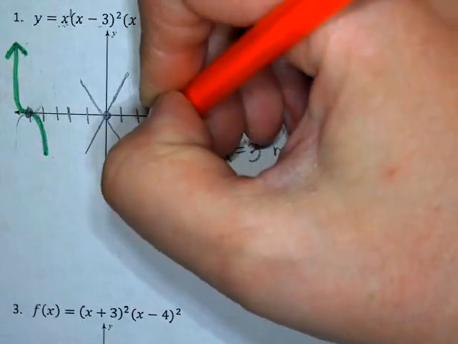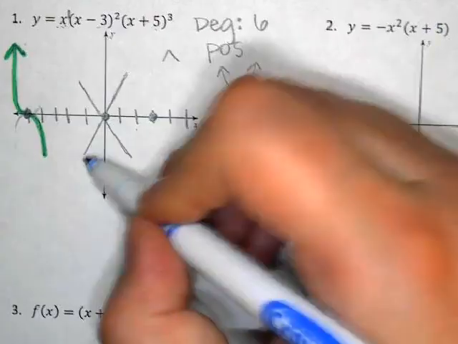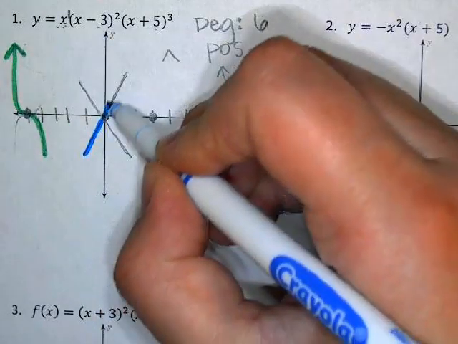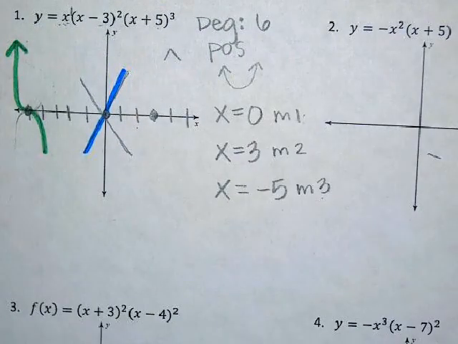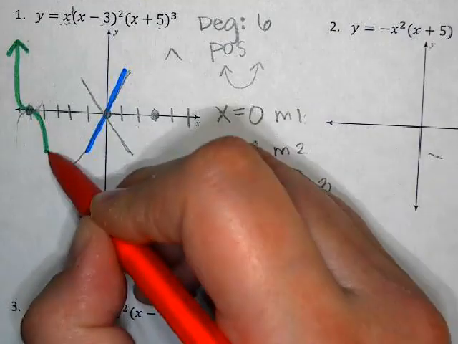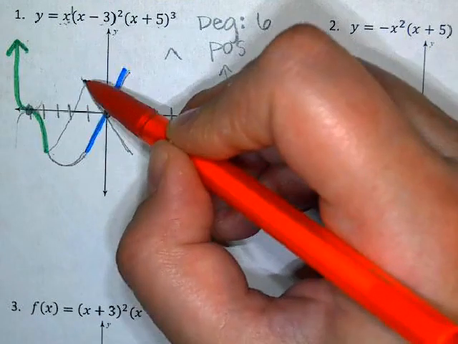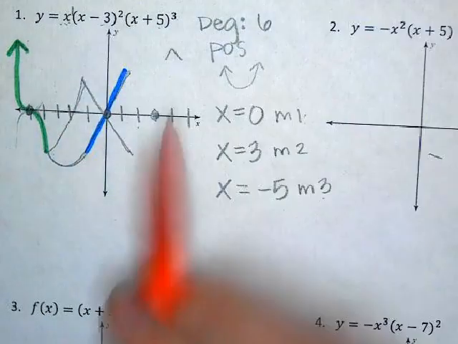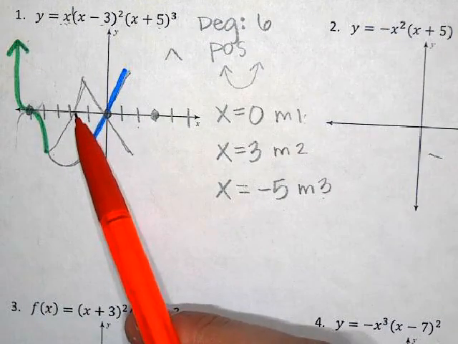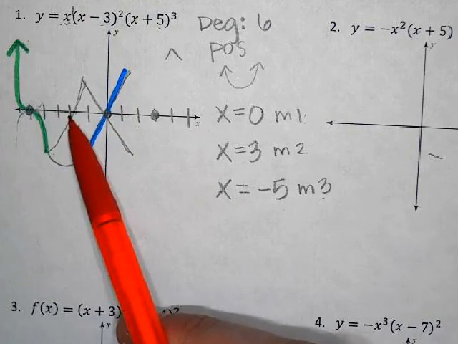So I'm going to connect my slant like this. And if you guys notice, the green connects to this really nicely. If I had connected to the other one, I would have had to cross up here to connect to it. And when I connect up there, I make an extra x-intercept that's not in the equation. That's how I know I shouldn't do the other one. Okay? All right.